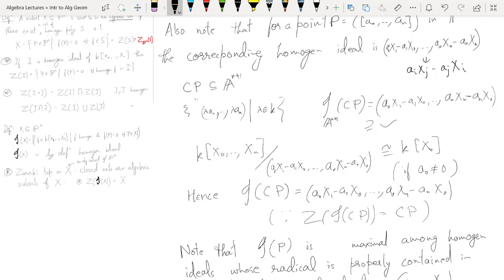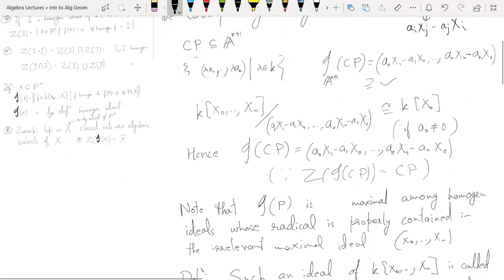So this is isomorphic to K[x0] if a0 is non-zero. If a0 happens to be 0, then one of the coordinates has to be non-zero because it's a point in P^n. So the quotient is isomorphic to a polynomial ring in one variable over a field, which is an integral domain. That tells you that this ideal on the right-hand side is a prime ideal.